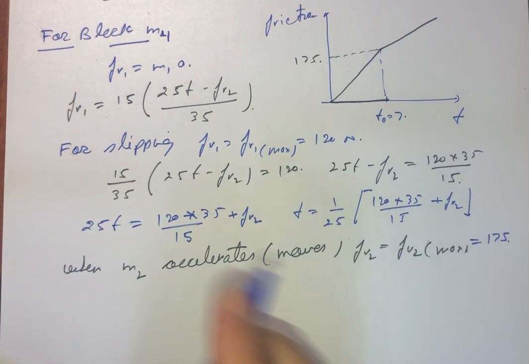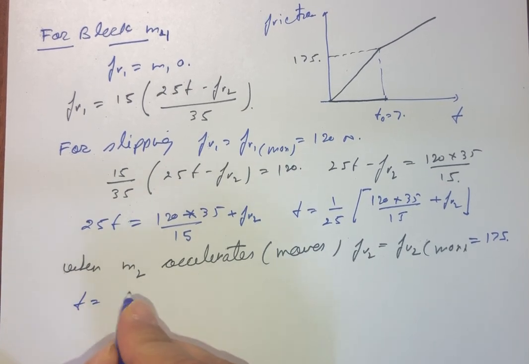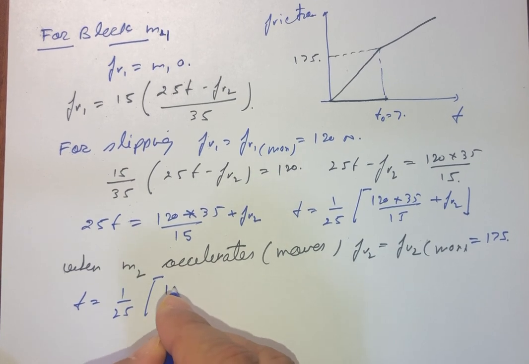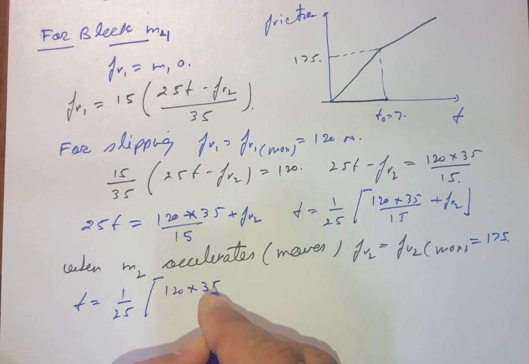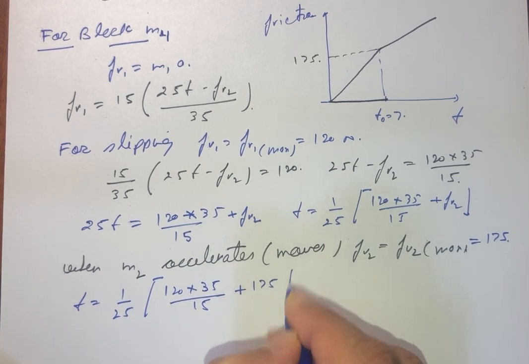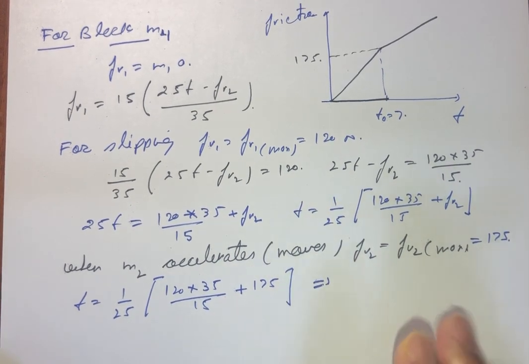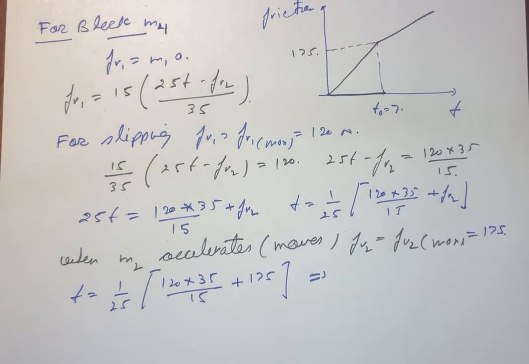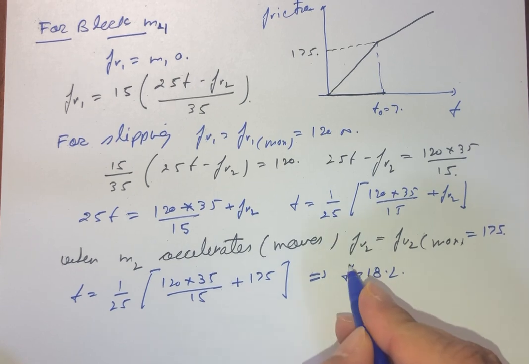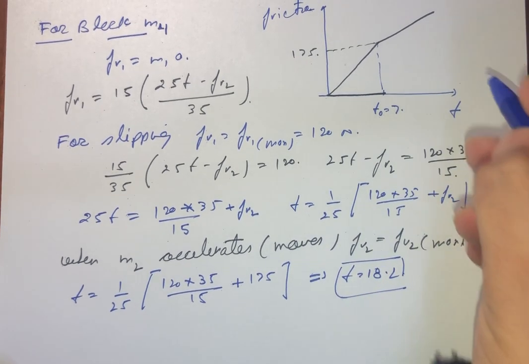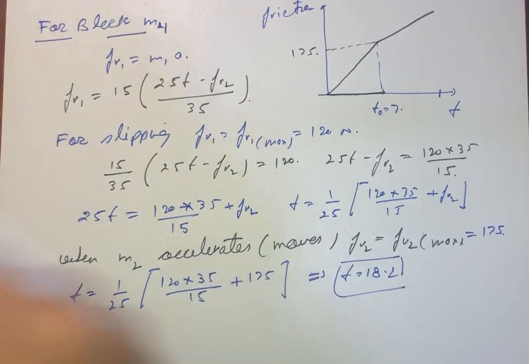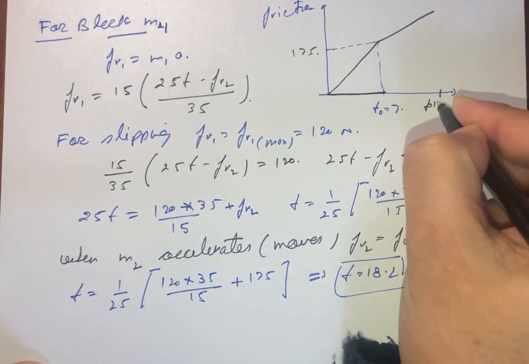From here t will be equal to 1 upon 25 times 120 into 35 divided by 15 plus 175, and this value of t comes out as 18.2. So let us say this value of t is 18.2.